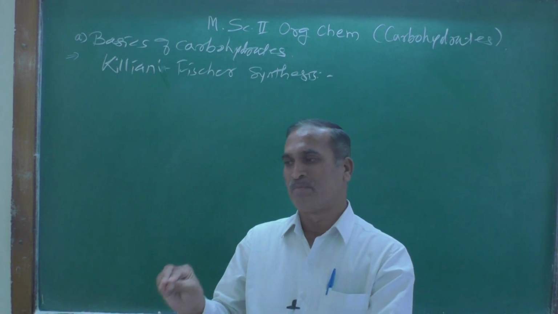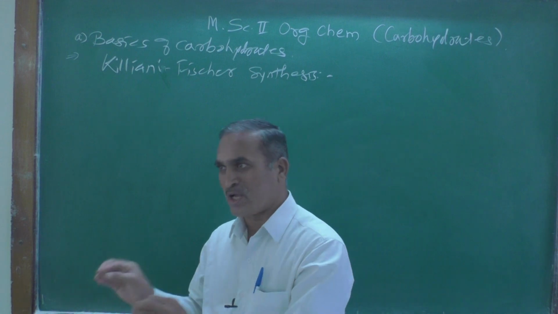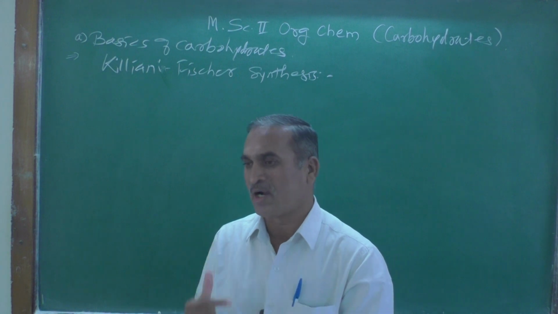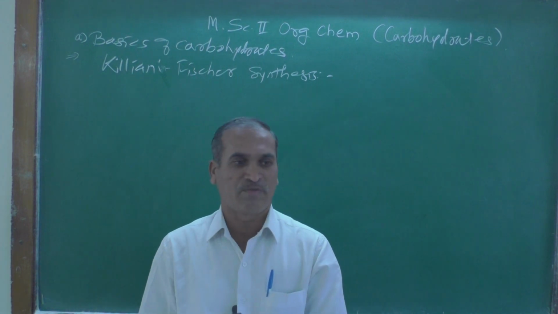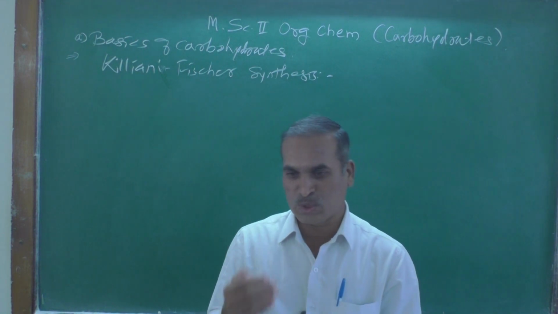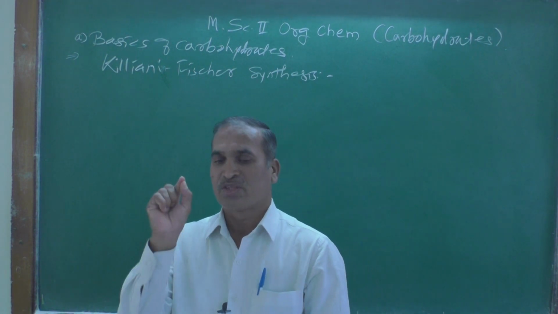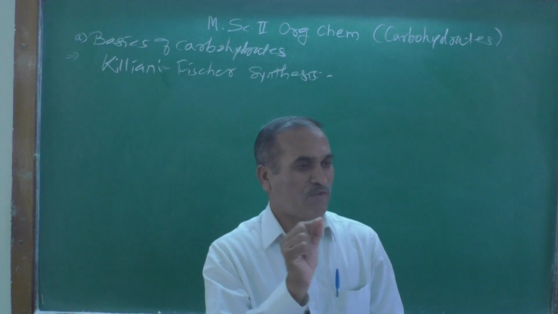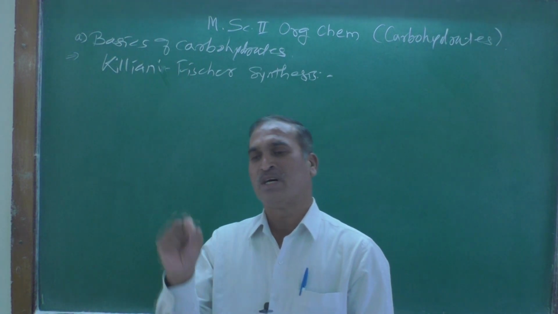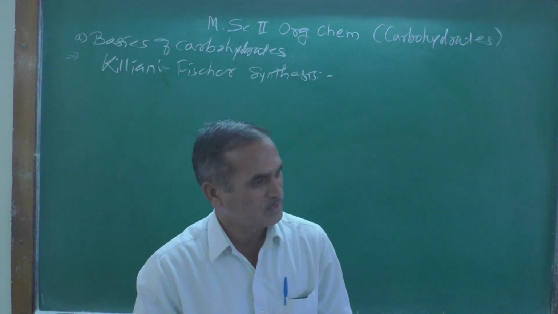So the total number of phenylhydrazine molecules required for the formation of the osazone derivative: the answer is 3 molecules of phenylhydrazine.